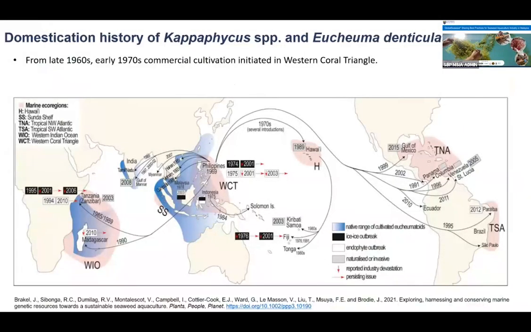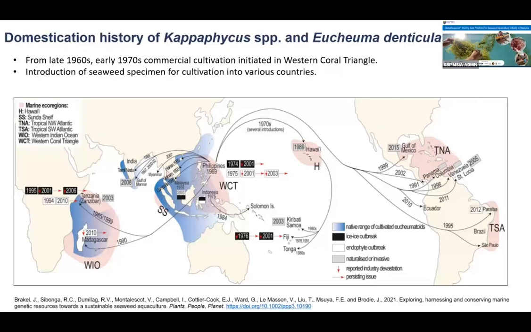In the late 1960s to early 1970s, cultivation of Kappaphycus and Eucheuma species was initiated in the Western Coral Triangle in the Philippines and Indonesia. Based on the high success and growth rates, soon many other countries followed.